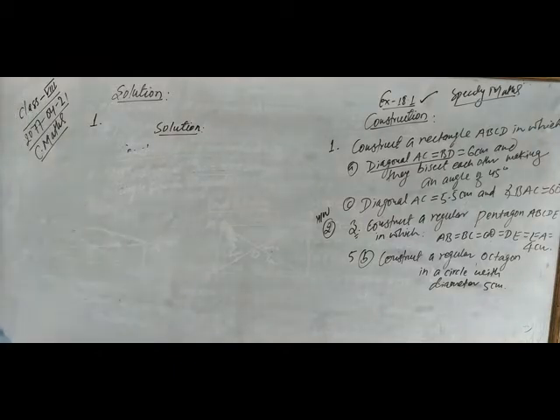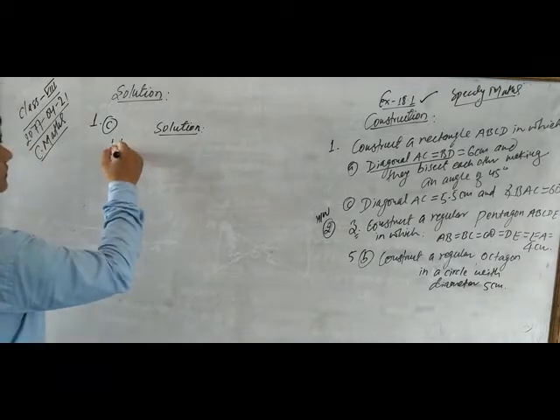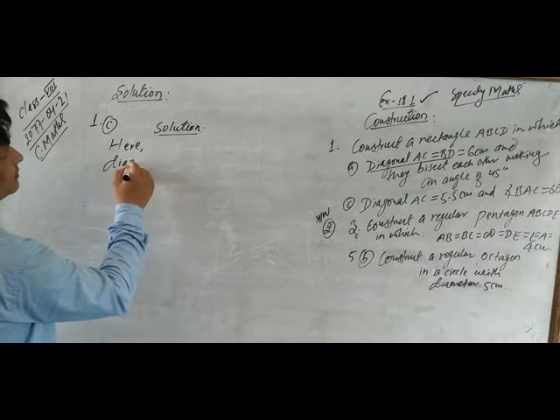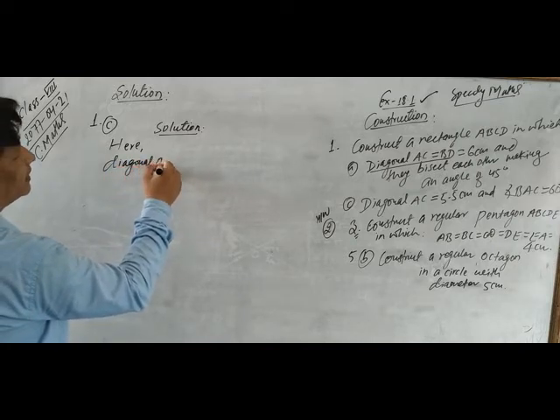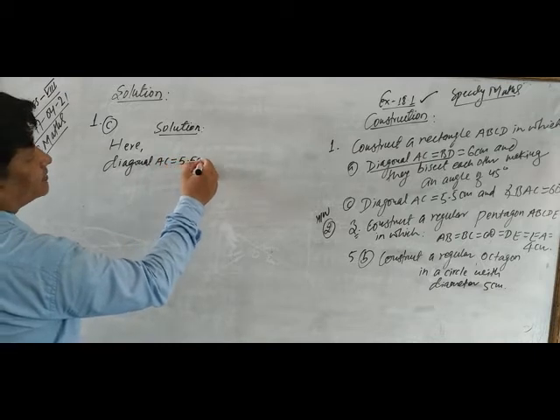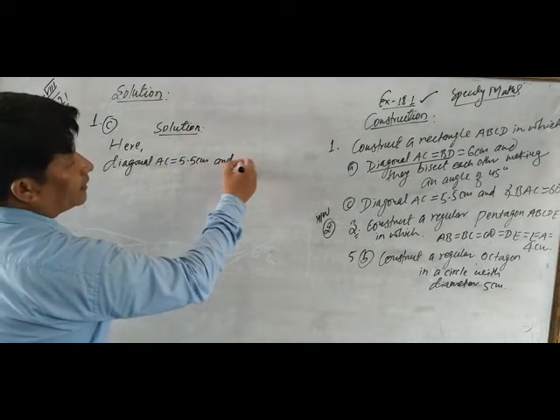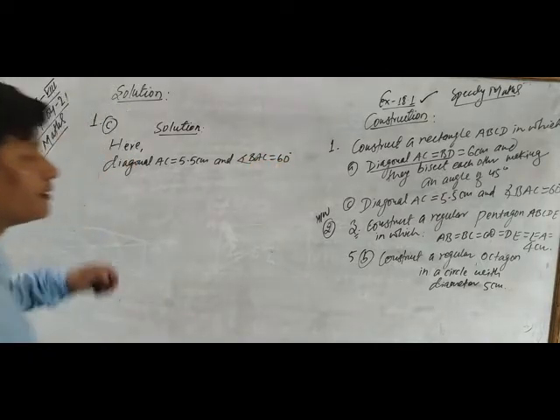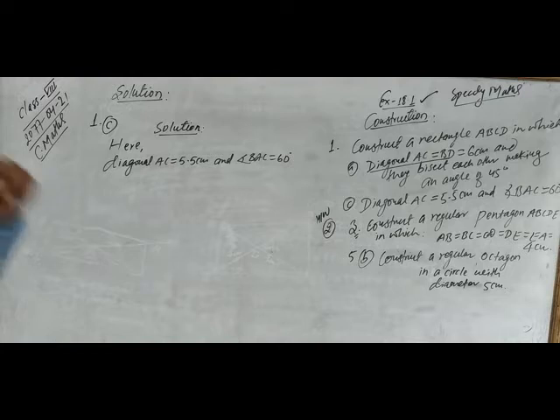Here we are given diagonal AC as 5.5 cm and angle BAC as 60 degree.